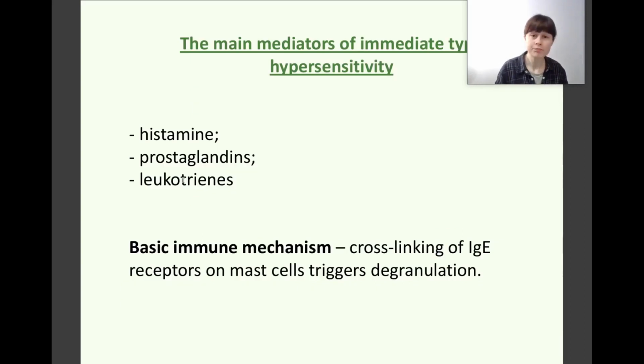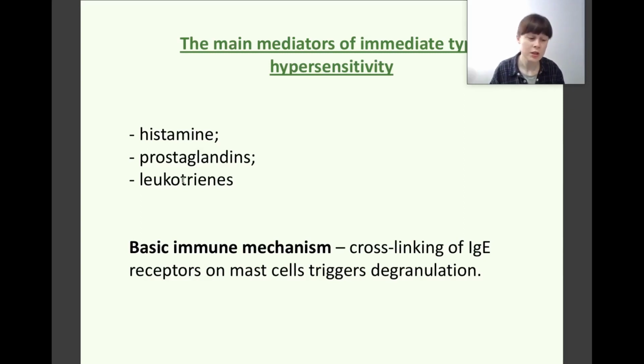So the hallmark of the type 1 hypersensitivity reaction is production of immunoglobulin E by sensitized B cells following contact with the allergen, which induces mast cell degranulation. Like we said before, in the case of immunoglobulin E, there can be a non-specific mechanism of activation.